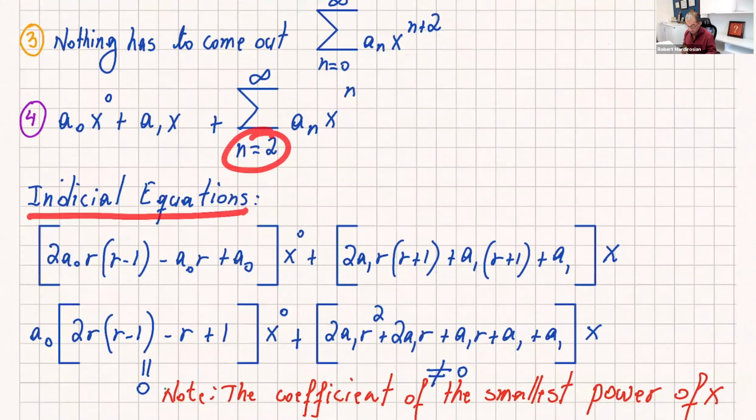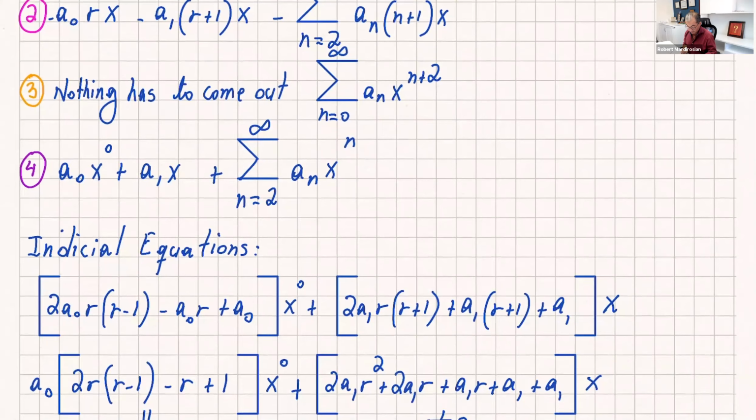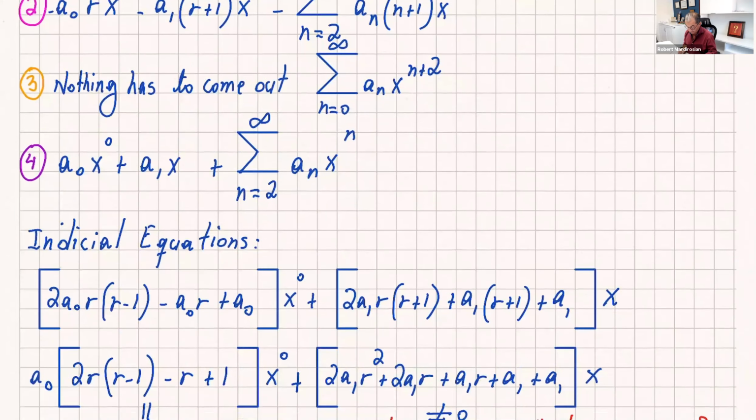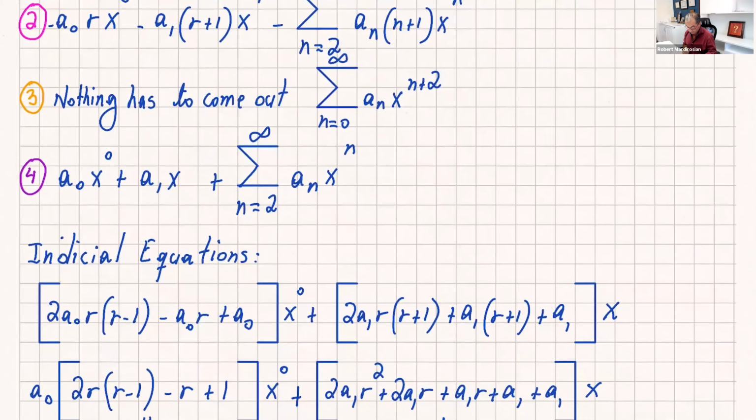Now for the initial equation, what you want to do is take the non-power terms and factor out x^0 for all the non-power terms. If you do that, that's what you get. And so that's x to the power of 0, and you have the ones with the coefficient of x's are 1.